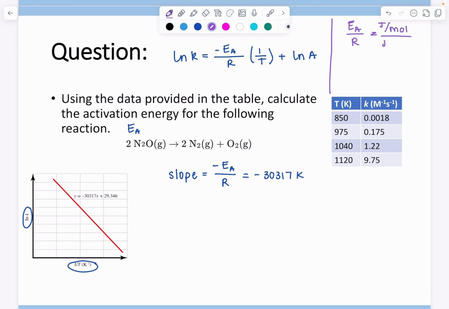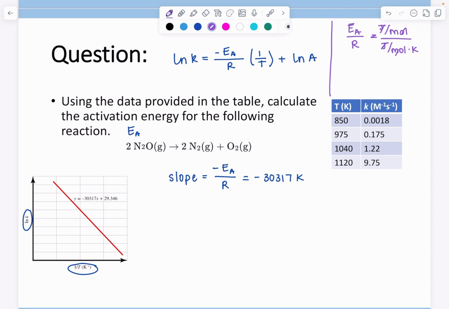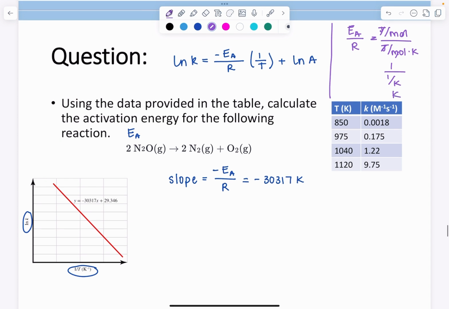And then R is joules per mole times Kelvin. So if we cancel out joules per mole, we have 1 over Kelvin, which is Kelvin. So the slope units is Kelvin here.